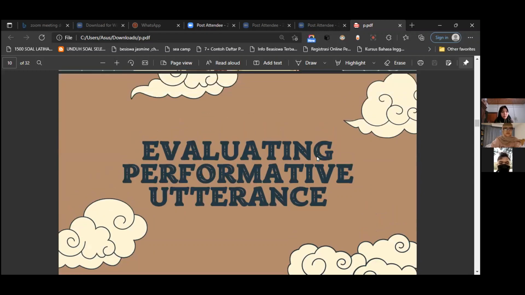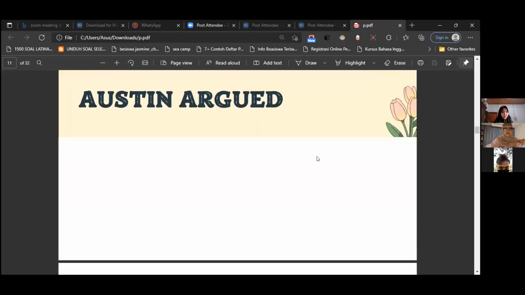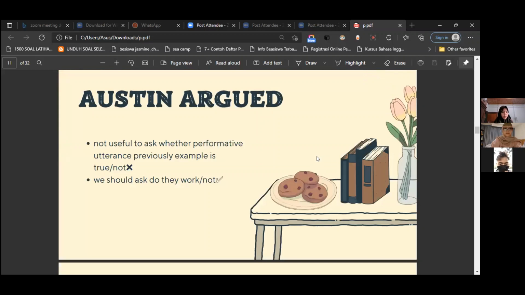Okay, evaluating performative utterances. Austin argued that it is not useful to ask whether a performative utterance, like the previous examples, is true or not. We are better to ask whether they work or not.